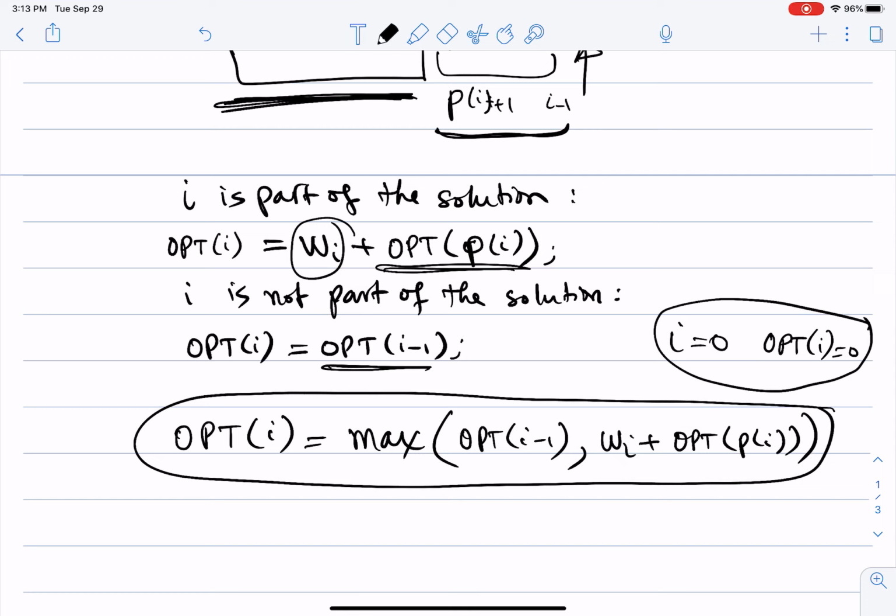Now, this opt of I, the way I wrote it here, if you think about opt as the name of a function, then you have a recursive algorithm here.